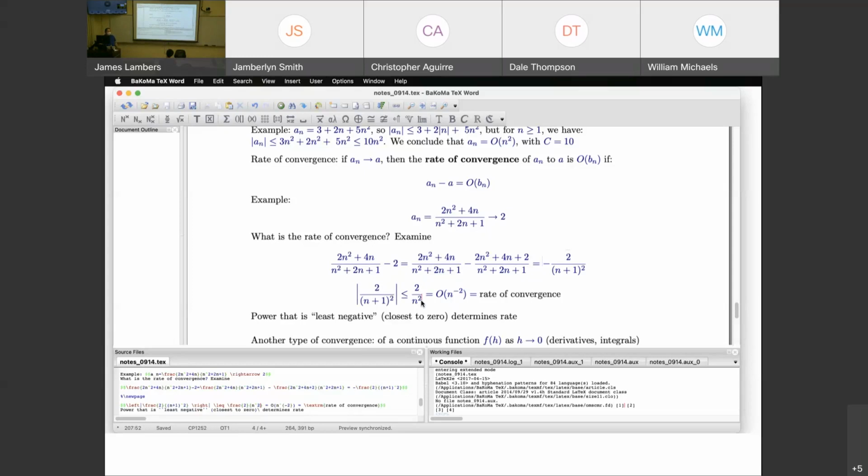If we have an iterative method that converges with a big O of 1 over n, where n is the number of iterations, and one that converges with big O of 1 over n squared, we definitely prefer this one. That's why it's important to find out what the convergence is. We will be learning about methods for finding roots that have different orders of convergence.